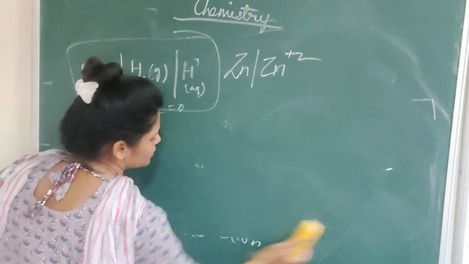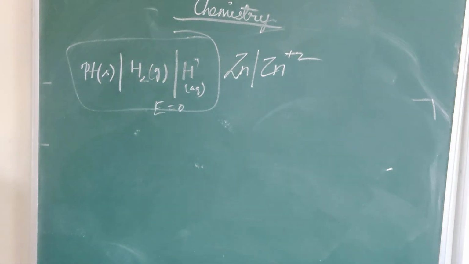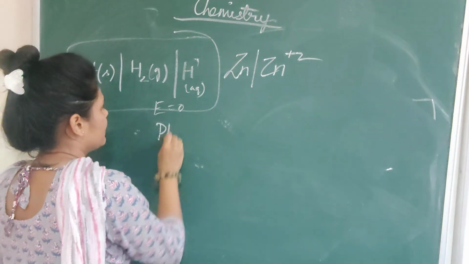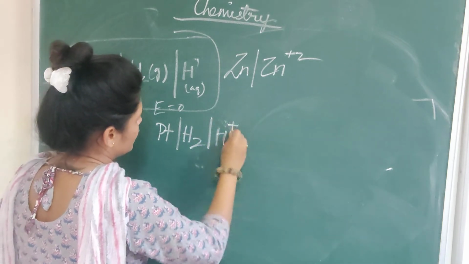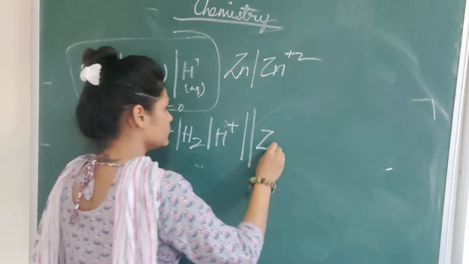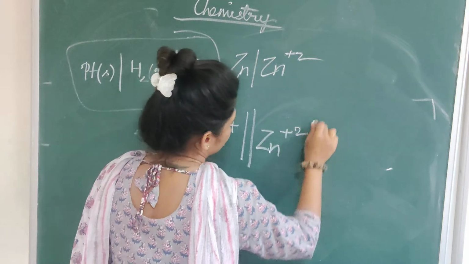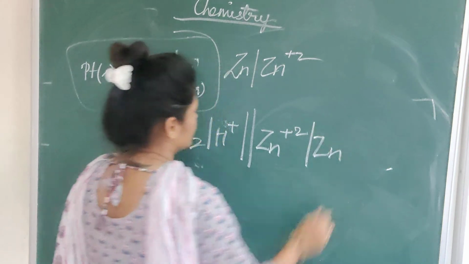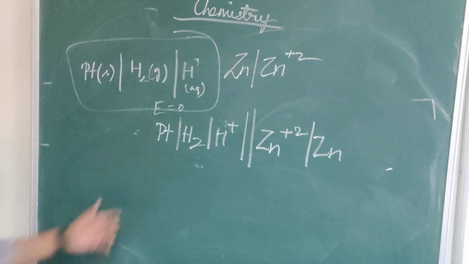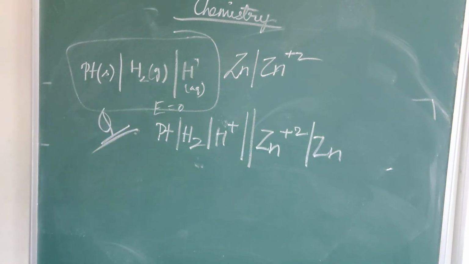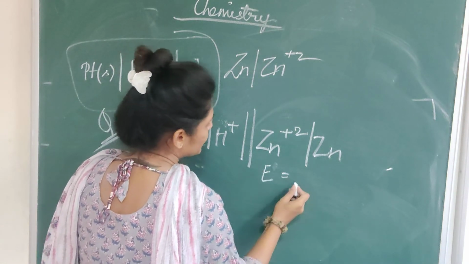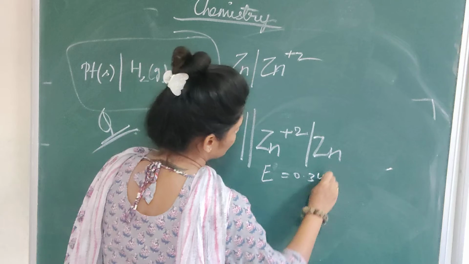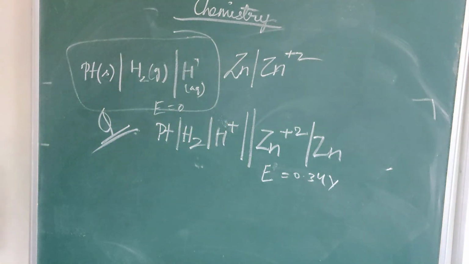Okay, let me explain it to you with the help of an example. I hope you have written this. Let's suppose I have given you this cell. So what they are saying, this is the cell representation being given to you and they have told you, let's suppose इसकी value भी E naught की दे रखी है, the value of E is 0.34 volt. Let's consider this example.